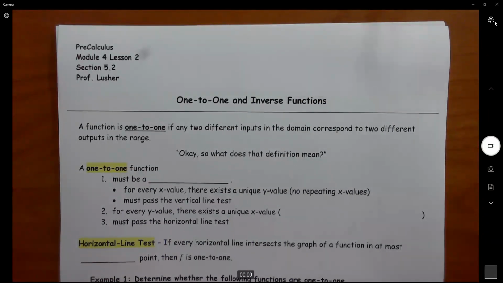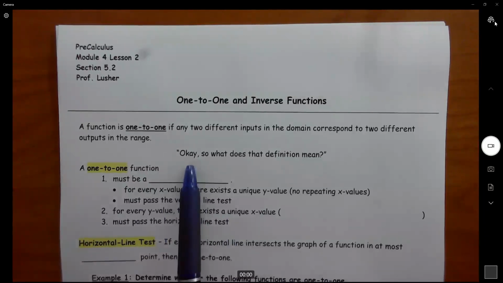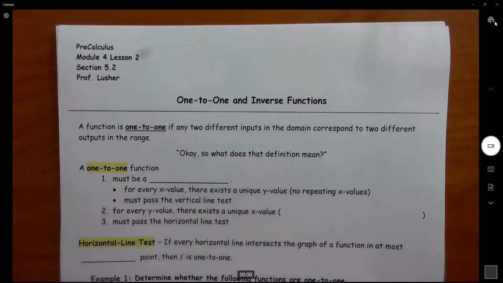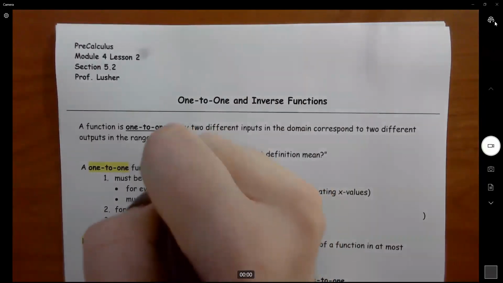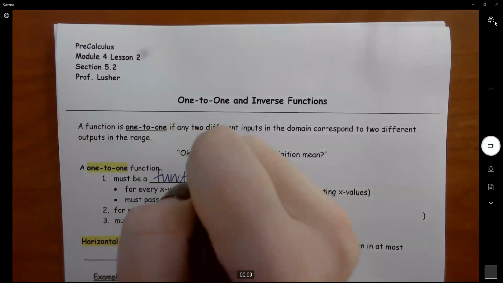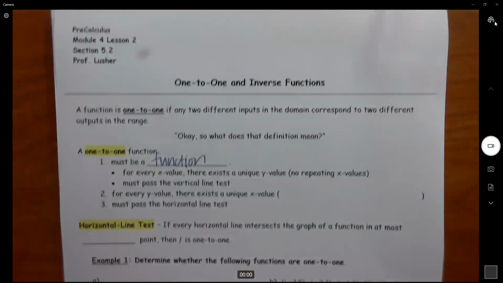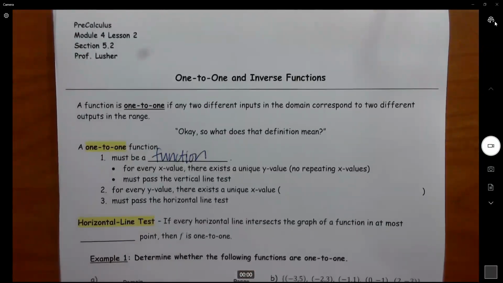And I'm sure what you are asking is, okay, so what does that mean? So let's break down that definition. A one-to-one function must first be a function. We went over functions, I think, at the beginning of Module 2, if not at the end of Module 1.